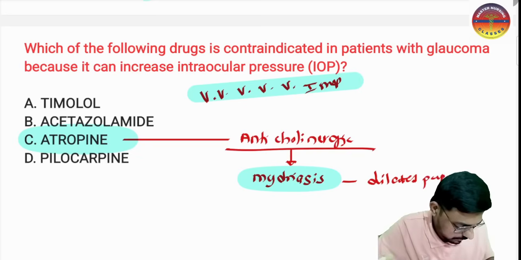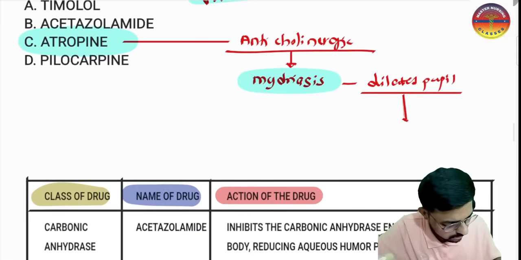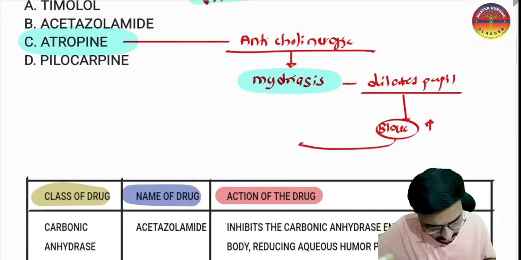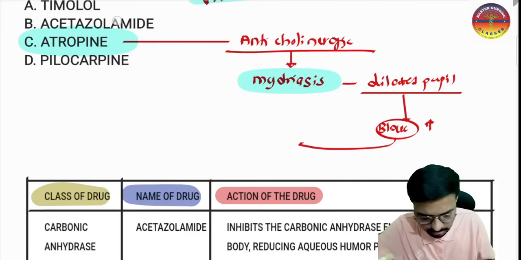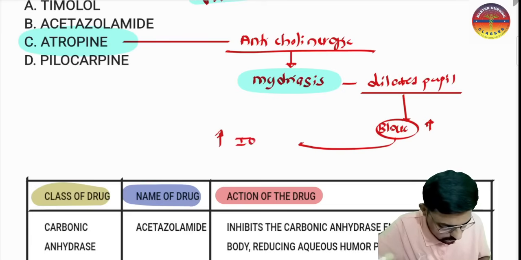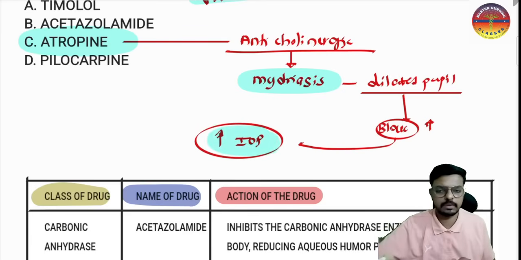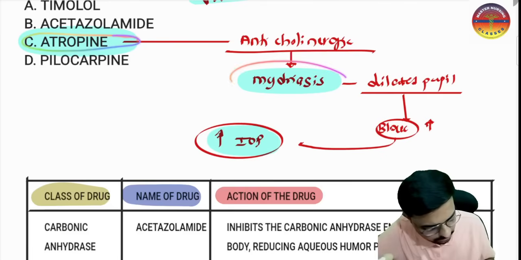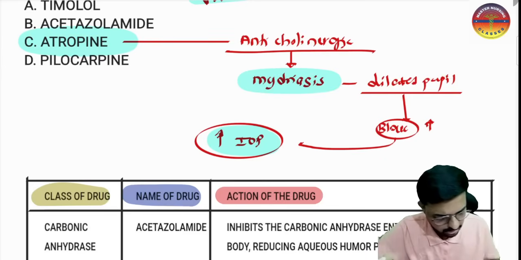Dilated pupils will block the trabecular meshwork further. So the block increases, which means there is a further increase in the intraocular pressure. This may lead to worsening of the glaucoma. That is the reason any drug which will dilate the pupil or cause mydriasis is contraindicated in a patient with glaucoma. I hope it is very much clear.